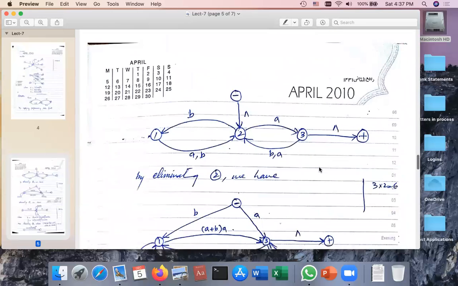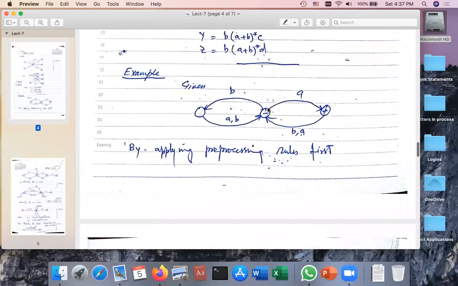Okay, let's see. So we can see that this is the initial state, and something is going into this initial state, which should not be the case actually. And the final state is also an unexitable final state. No, something is exiting from this state.